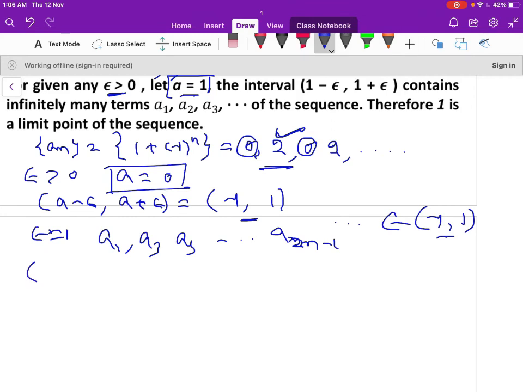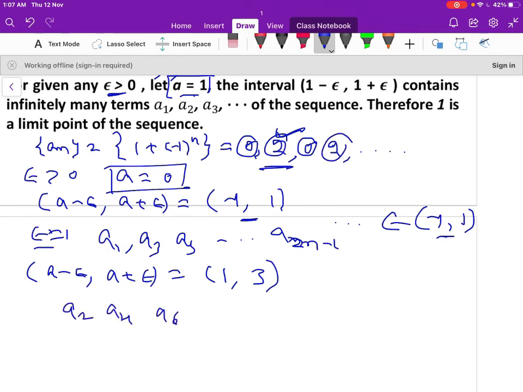So let us construct the interval a minus epsilon comma a plus epsilon. You take any epsilon. Let me take epsilon equal to 1 here. Here a is 2, so 2 minus 1 is 1 and 2 plus 1 is 3. So this is an open interval. The first term, 0, does not belong to the interval 1 comma 3, but the second term is inside the interval and the fourth term again is inside the interval.